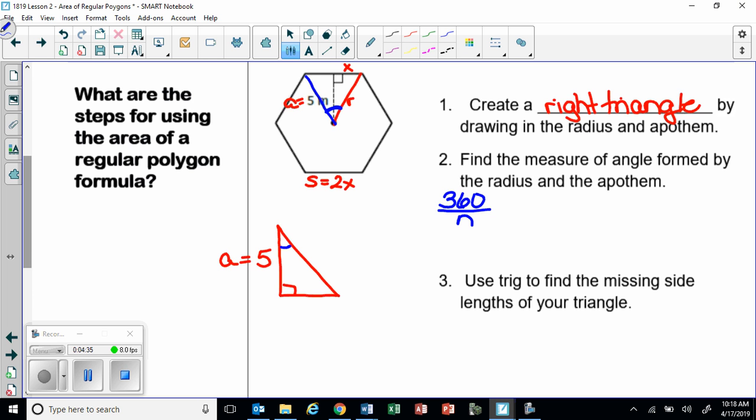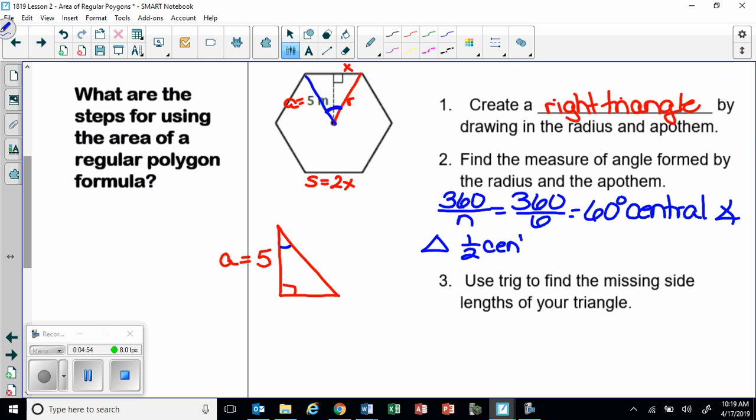So there's 1, 2, 3, 4, 5, 6 sides. 360 divided by 6, I have a 60-degree central angle. For my triangle, I need to do half the central angle. So 60 divided by 2, I have a 30-degree angle here.